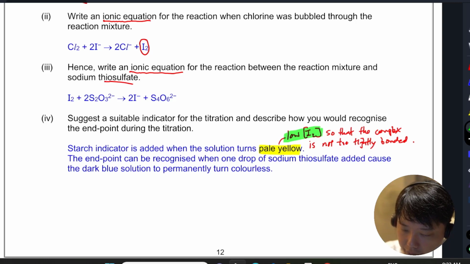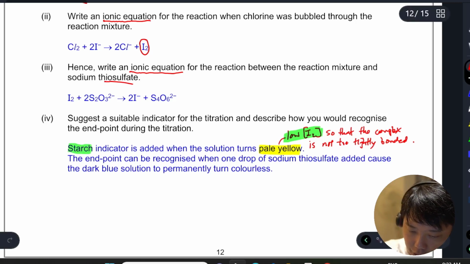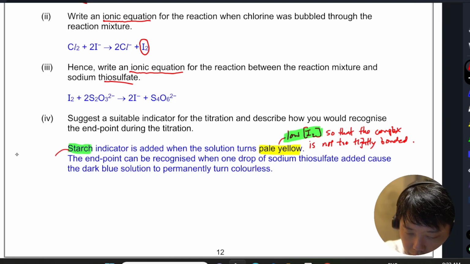Then we add in 1 drop of starch, so that the color changes. It goes from pale yellow to colorless, which is very difficult to see as a color transition.